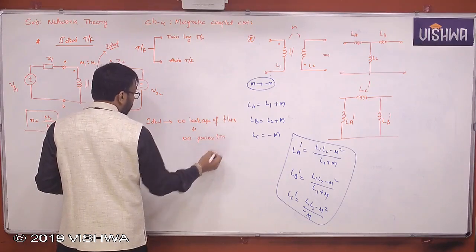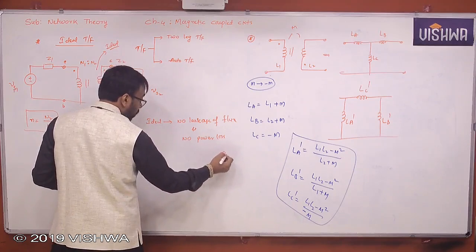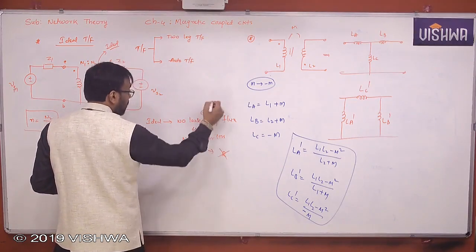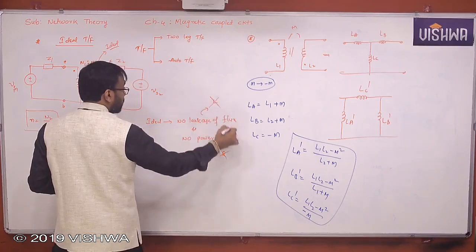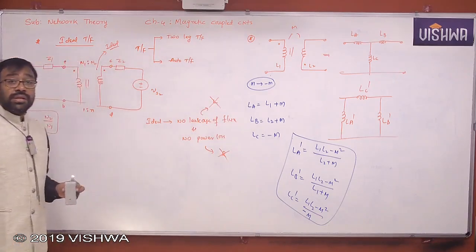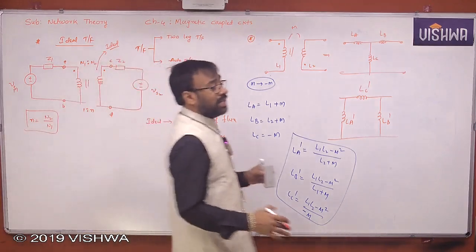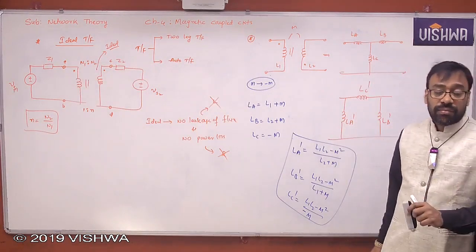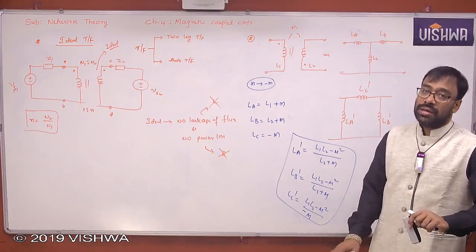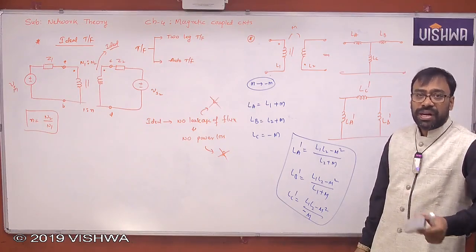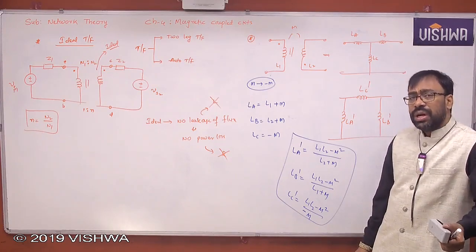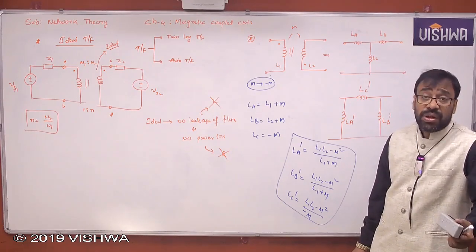When there is no power loss, there is no resistor. When there is no leakage flux, there is no reactance or there is no inductance. So the transformer ideal means there is no leakage flux, means no L. No power loss means no R. Yes or no, all of you, power loss is happening only when there is a resistive component, I square R loss.